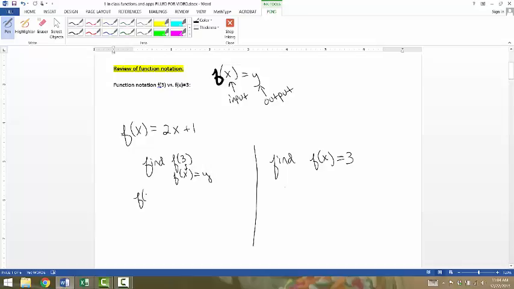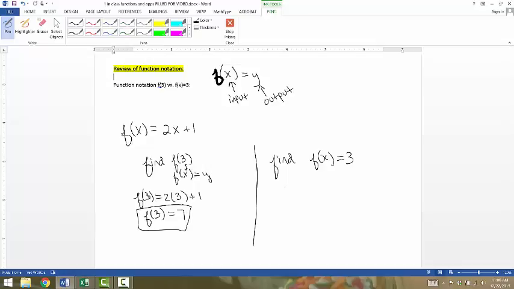So I'm going to go to the equation and I'm going to replace x with 3. So I have 2 times 3 plus 1. So f of 3 is 6 plus 1. F of 3 is 7. When we plug x equals 3 in, we get out a y value of 7.